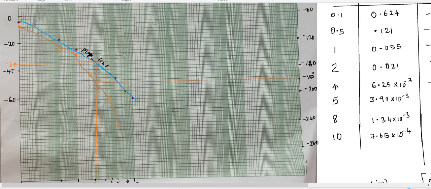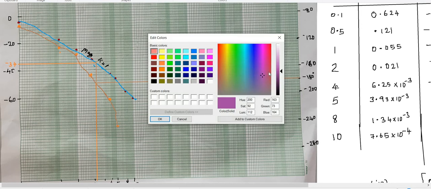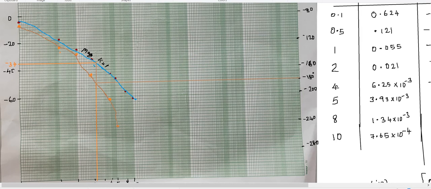That means when we plot the line corresponding to omega pc, the magnitude should be minus 6.